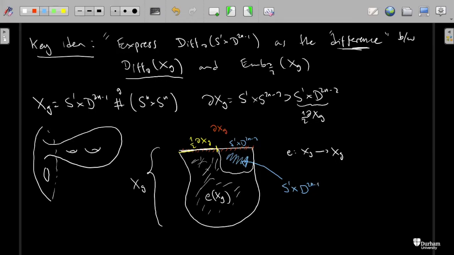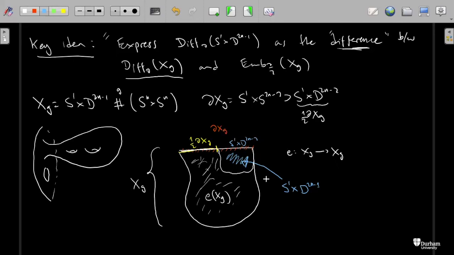So this is like S^1 × D^{2n-1}, right? So this is what I mean by expressing these diffeomorphisms as the difference, because the difference between diffeomorphisms of this manifold fixing the full boundary and self-embeddings of such a thing with this boundary condition will differ just by having a diffeomorphism of this complement, right?